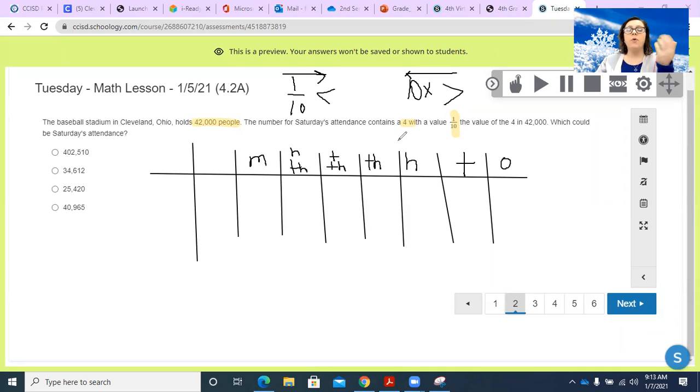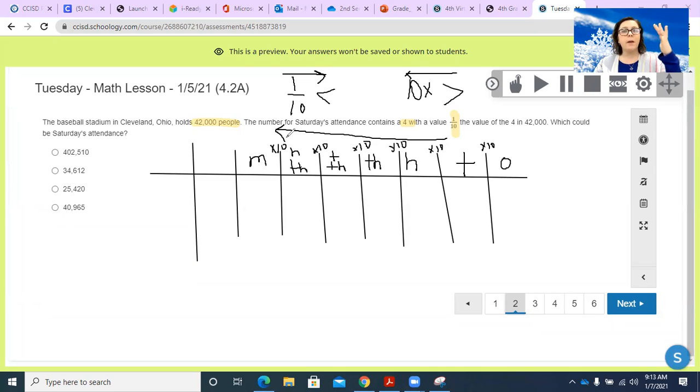If I move to the left on this place value chart, I am increasing places. Each time I'm increasing times 10, because 1 times 10 is 10, 10 times 10 is 100, 100 times 10 is 1,000, 1,000 times 10 is 10,000, 10,000 times 10 is 100,000, 100,000 times 10 is 1,000,000, and so on.